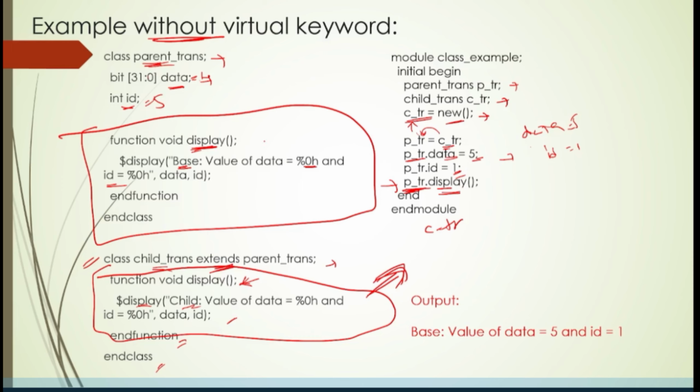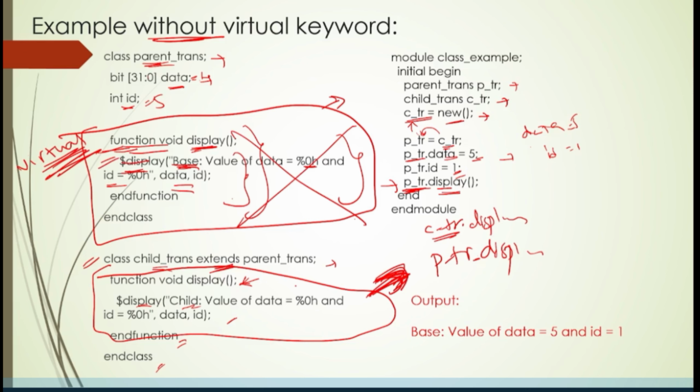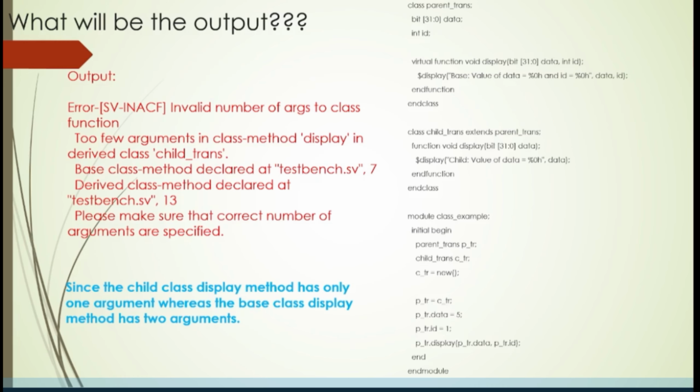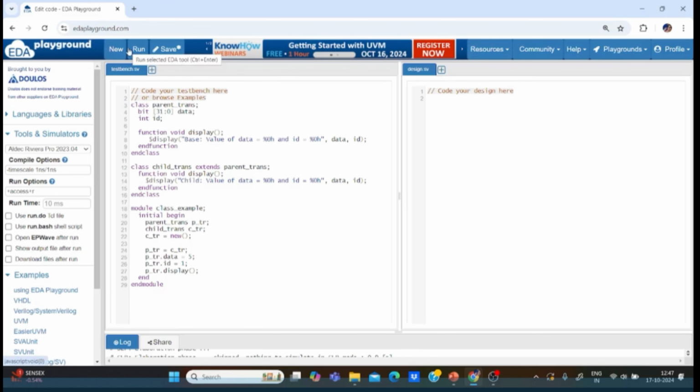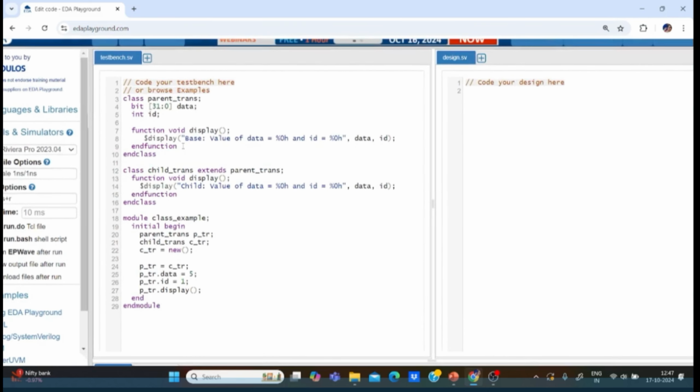In order to do this, I'll be using the virtual keyword here. Let me give you a small example so that it will be easily understood. Have you seen the same example that we are discussing?